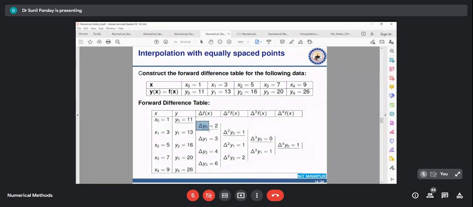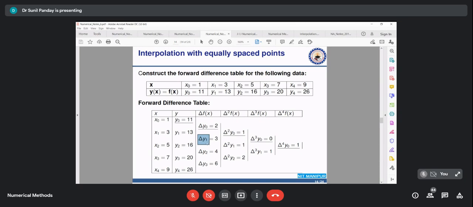If you remember, the first forward difference of y0 is y1 minus y0. To get the values of the third column, we simply take the difference, y1 minus y0, like 13 minus 11, and we get the first forward difference of y0. Now what is the first forward difference of y1?